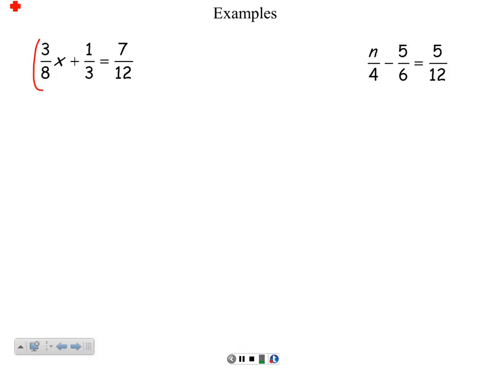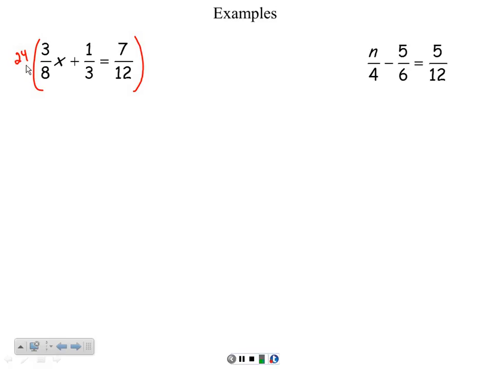So what I'm going to do is multiply every term by 24, or 24 over 1, however you want to look at it. And you can do this in your calculator if you want to for the first term. Again, what we're doing is the distributive property, so we're going to distribute 24 times each term.